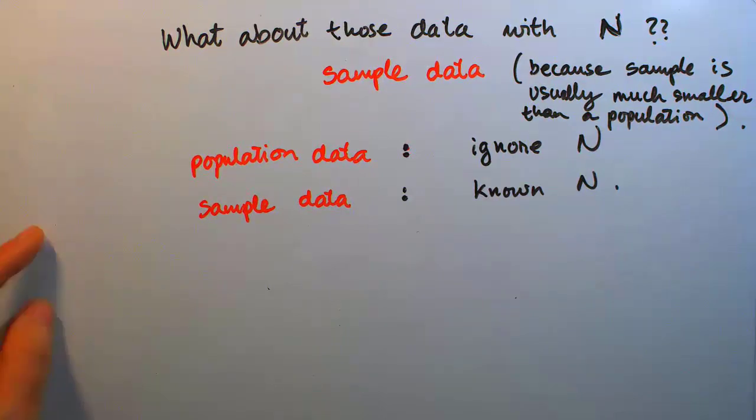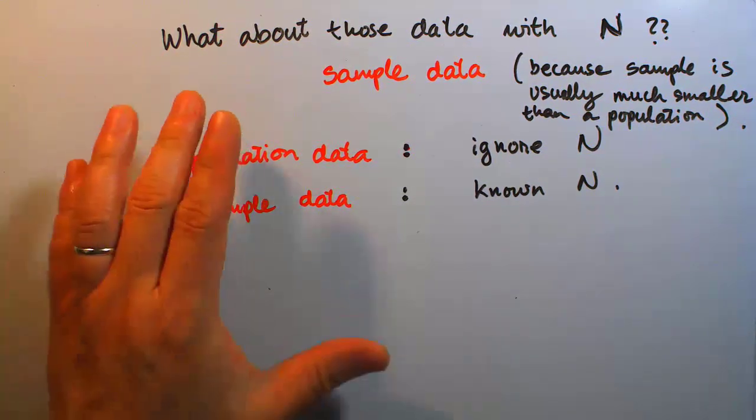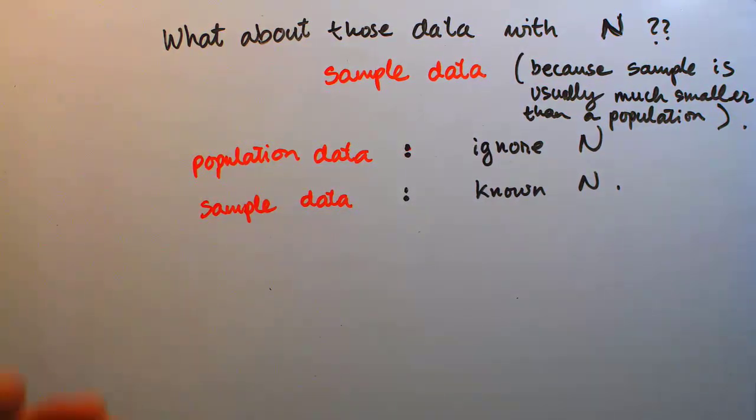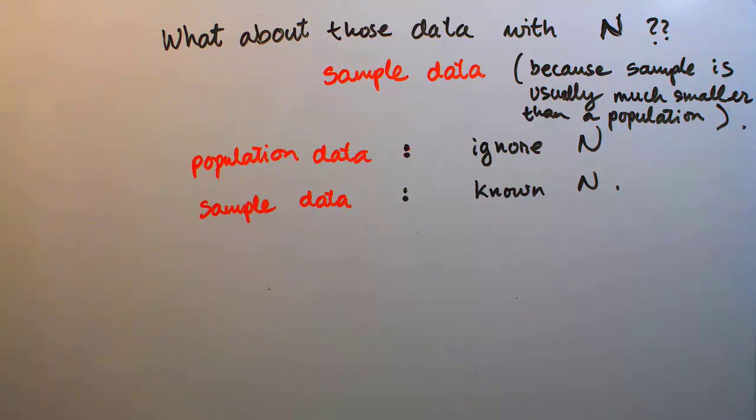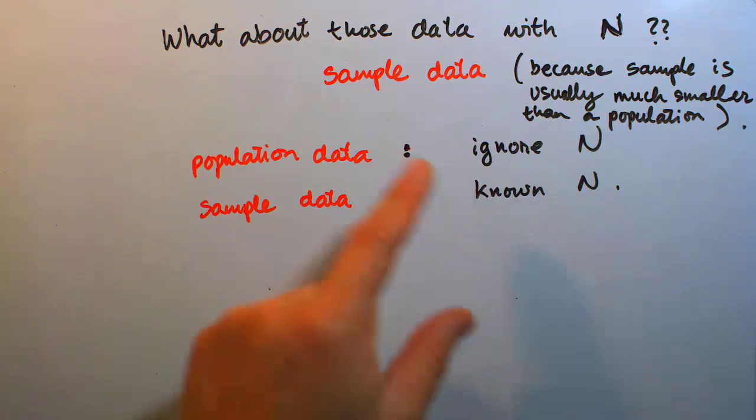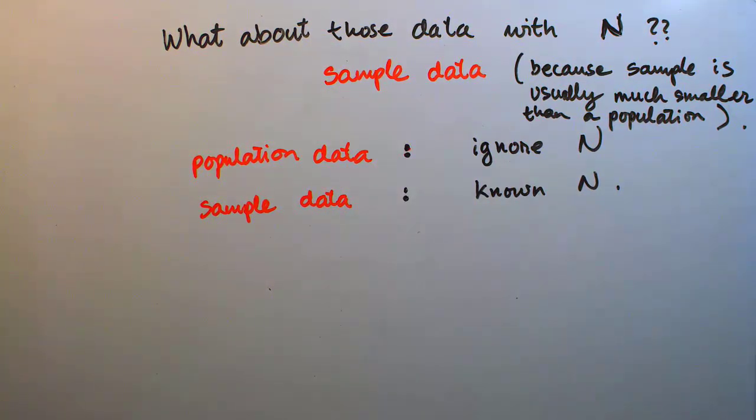And later, when we formally learn about sampling of the data, we're going to learn the reason why a sample has to be much smaller than the population data.